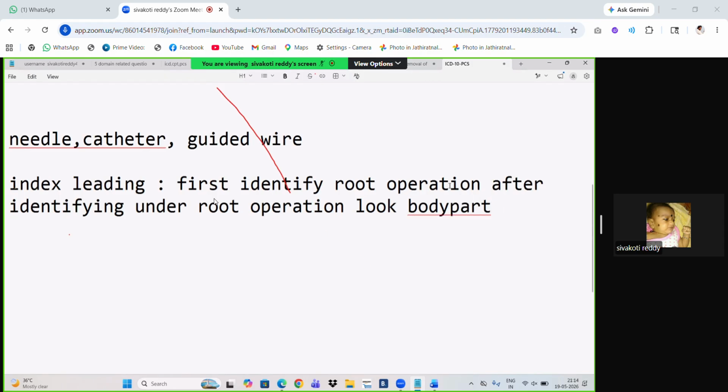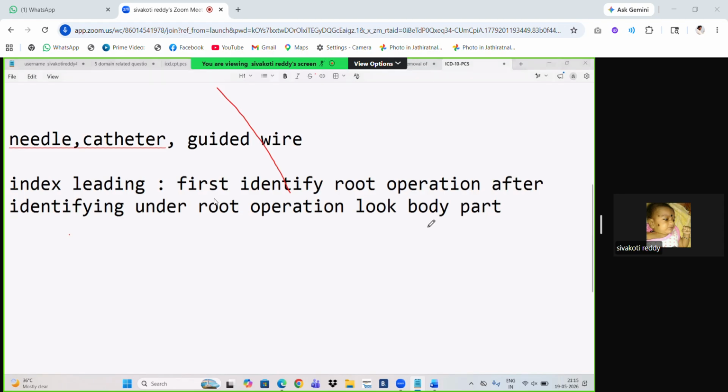Like this only we will get the procedure code, guys. Whatever they give, first we need to identify the root operation. Under the root operation heading, we need to look for the body part. Then only is it possible to get a code. If you are not identifying the root operation directly, it is very difficult to get the code.